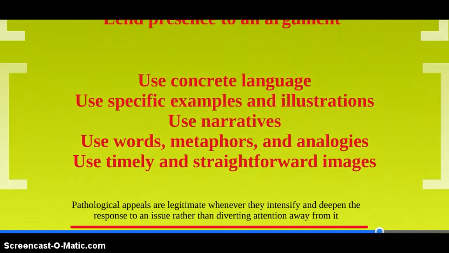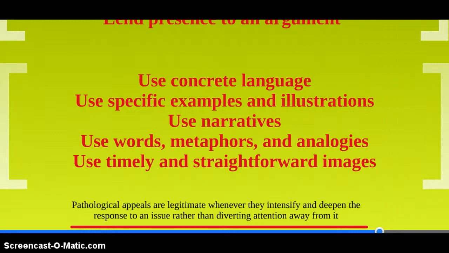In order to achieve appropriate pathos in your writing, be sure to use concrete language to increase the liveliness, interest level, and personality of your prose, and by creating images that trigger positive and/or negative feelings. Try to use as many specific examples and illustrations as possible to provide evidence to support your reasons and to give your argument presence and emotional resonance.